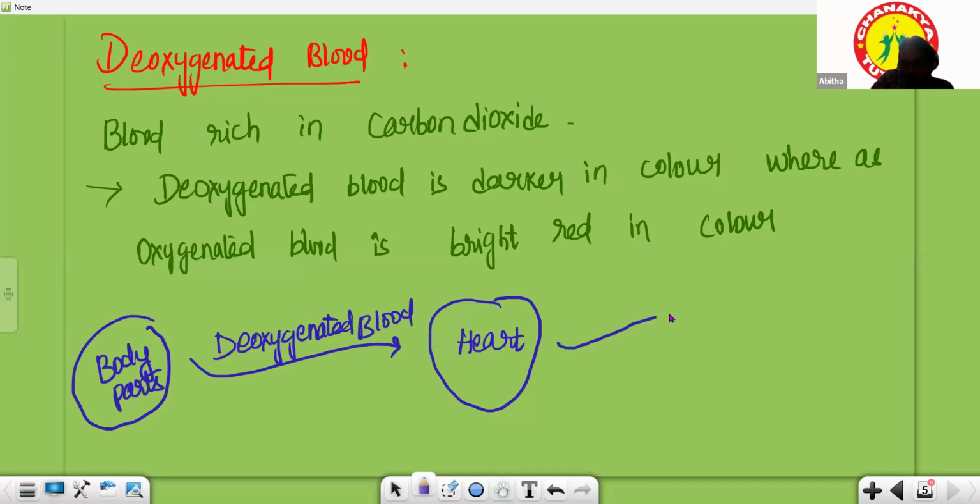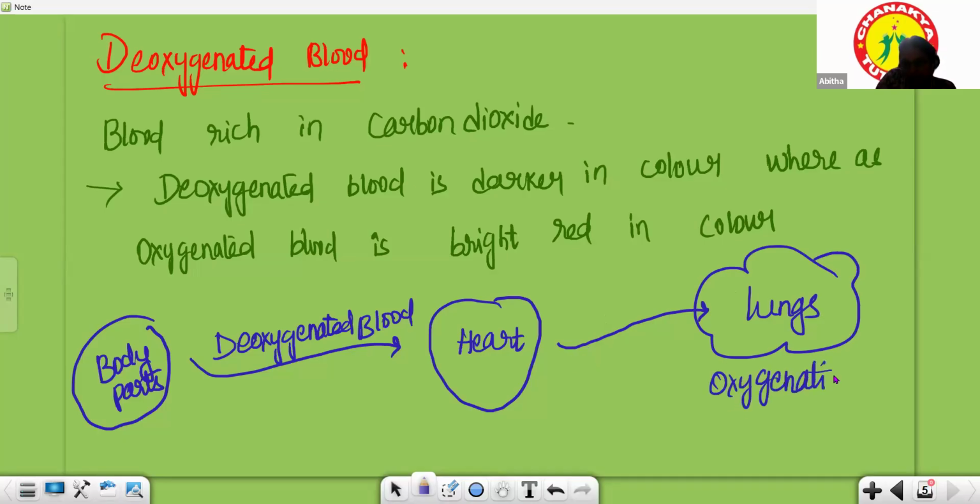This deoxygenated blood enters the lungs. What happens in the lungs? Oxygenation happens. Because of oxygenation, the oxygenated blood from the lungs reaches the heart, and the heart pumps this oxygenated blood back to all body parts.